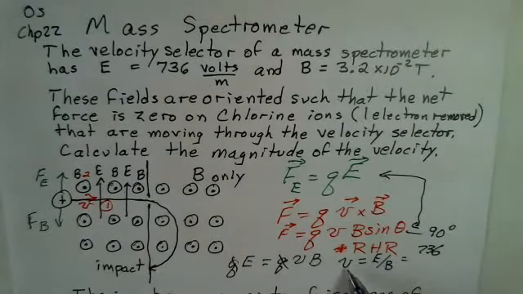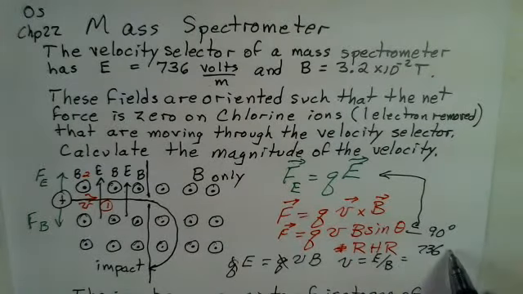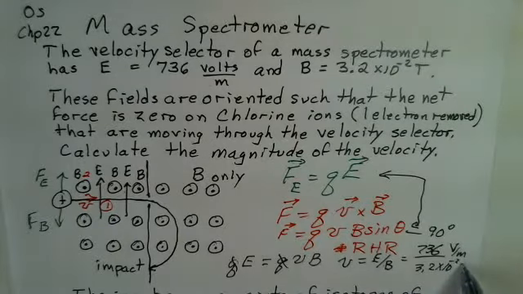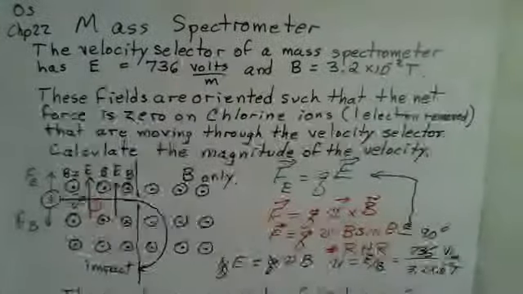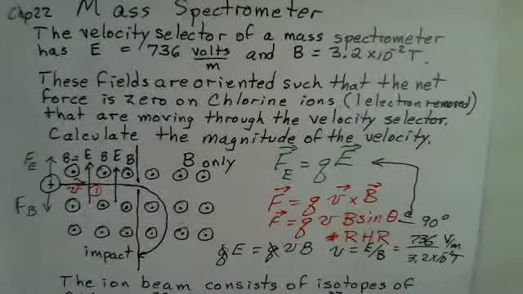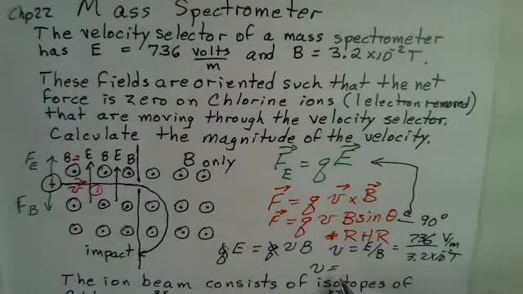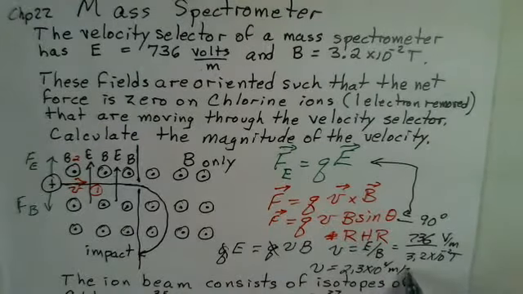The velocity, where the force is equal, is the electric field divided by the magnetic field, 736 volts per meter over 3.2 times 10 to the minus 2 Teslas for the magnetic field. You should stop and do this calculation on your own calculator. But what I came up with, now after you've restarted the video, is 2.3 times 10 to the 4th meters per second.